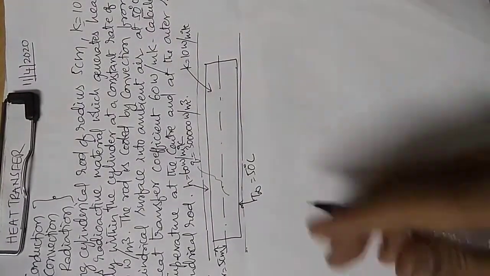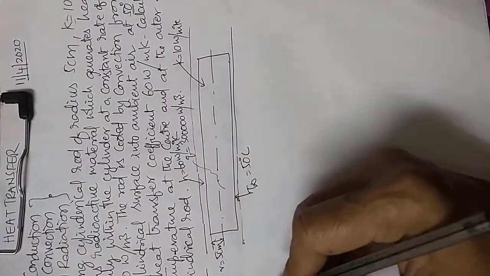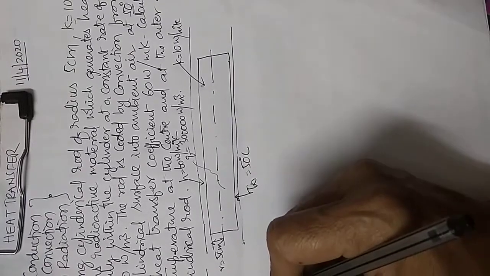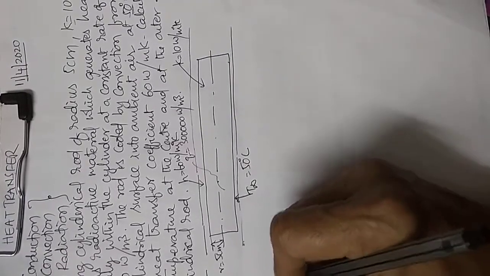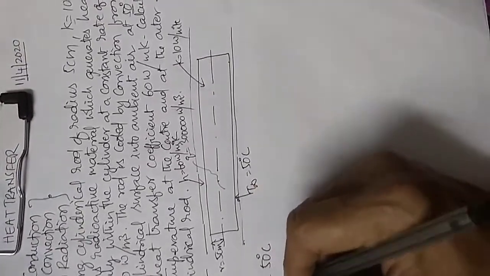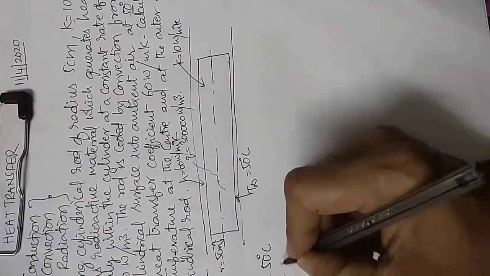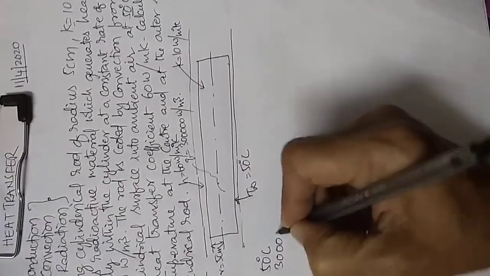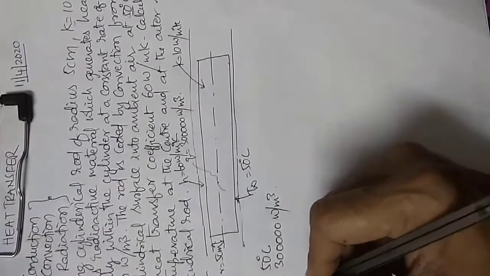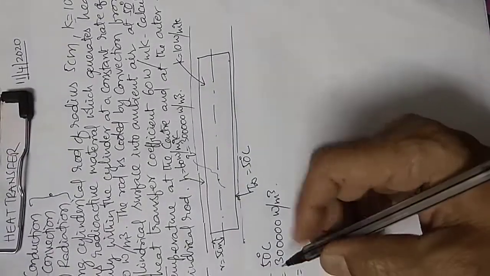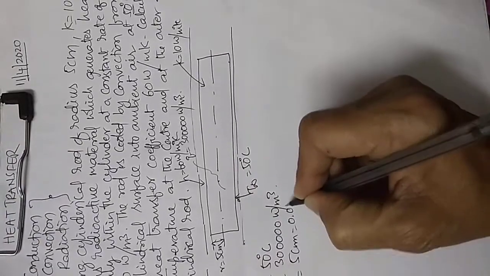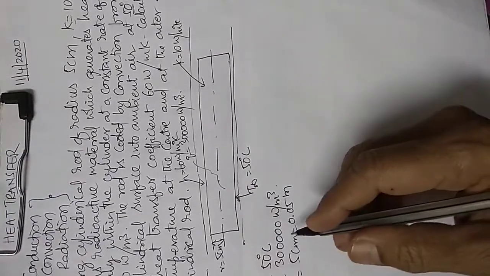So we can write down these things here. The ambient temperature, T infinity, is 50 degrees centigrade, and Q, the rate of heat generation, is 3 lakh watts per meter cube. The radius of the cylindrical rod is 5 centimeters, that is 0.05 meters.